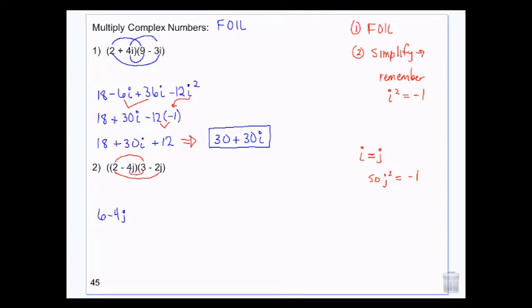Inside, -12j. And then last, positive 8j squared. But j squared is -1, so this is 6 minus 16j plus 8 times -1. So this is 6 minus 16j minus 8.